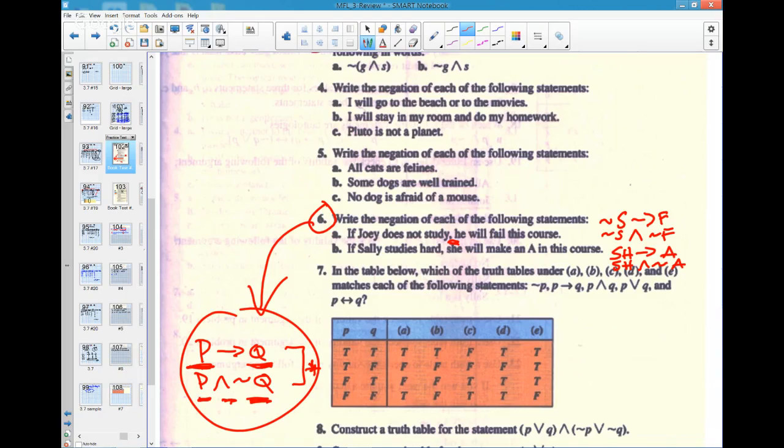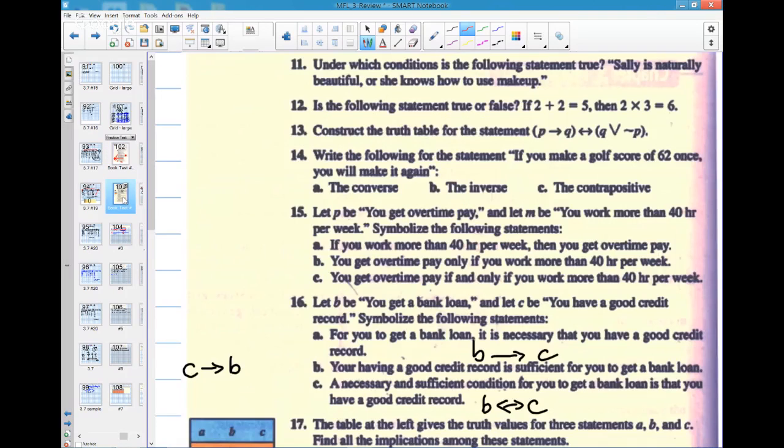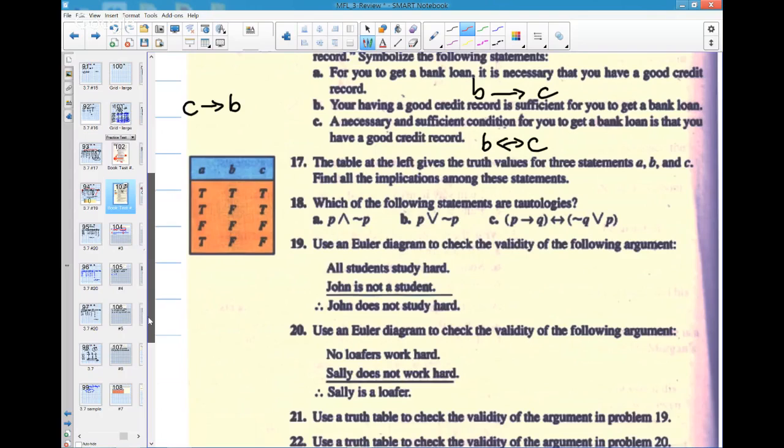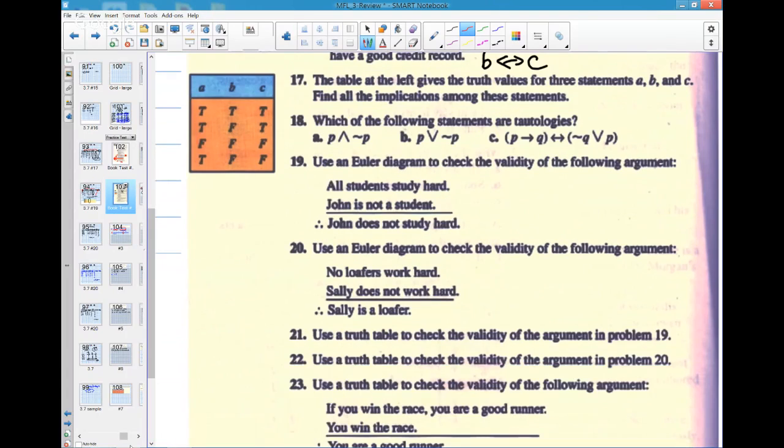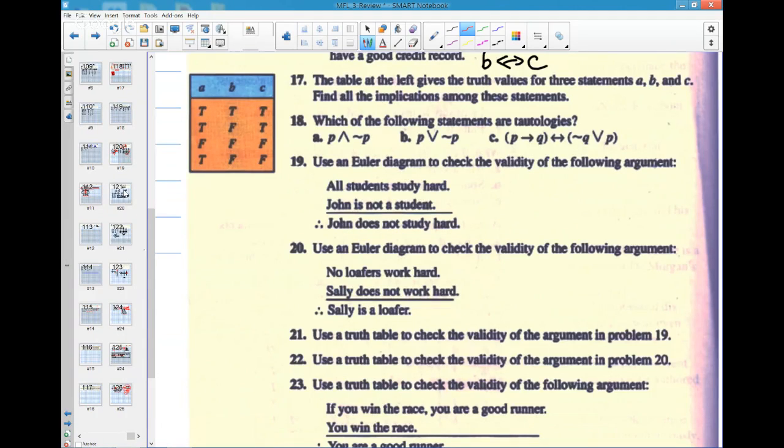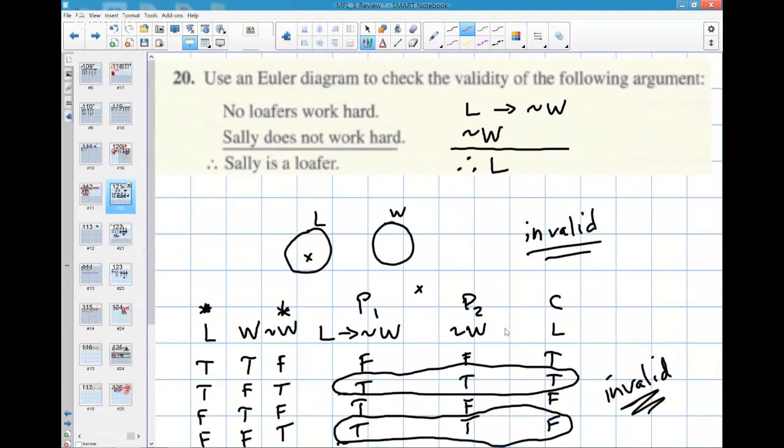Yeah, number 20 on the practice test, you bet. Okay, that would be on this page. Yeah, there's number 20. So number 20.